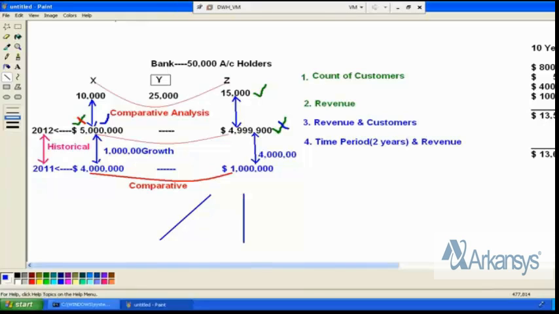Once a vertical growth is there, maybe 10 million, 20 million, suddenly next month or next year, drastically it will fall again in any business. So business management will not consider the vertical growth. That means you have to switch it back to X location, isn't it?